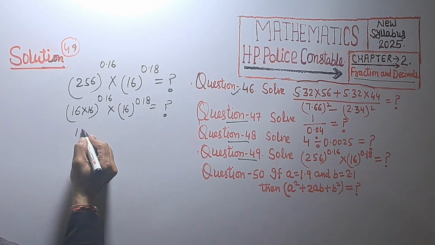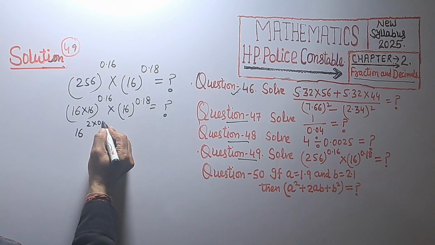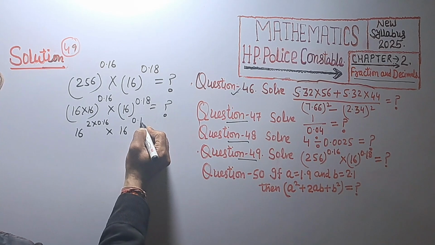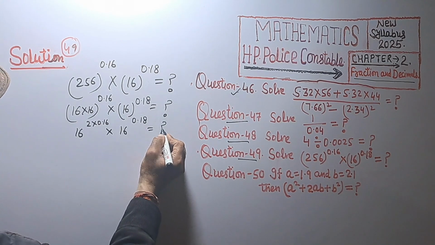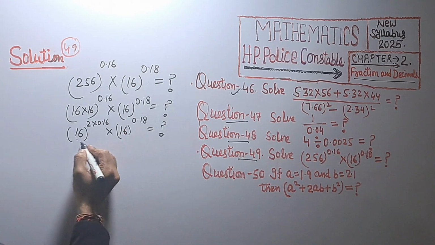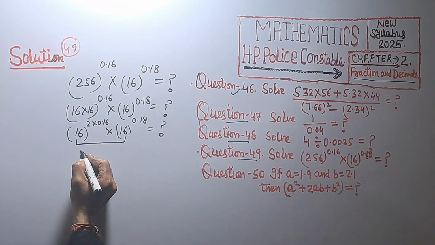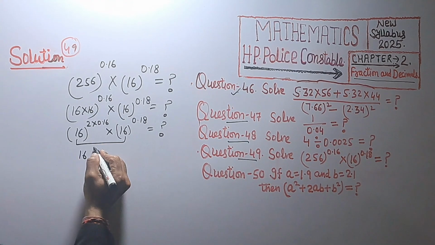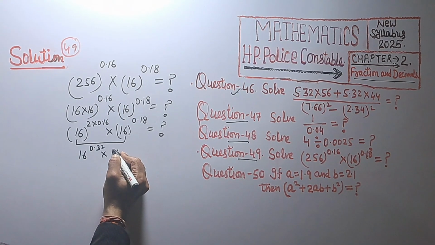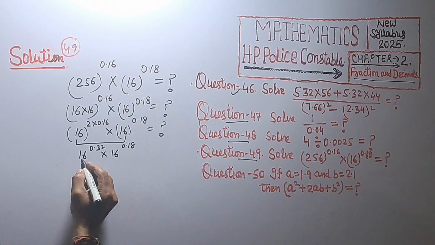That is 16 squared, 16 raised to power 2, into 0.16, into 16 raised to power 0.18. Base is equal, so 16 2s are 32, 16 raised to power 0.32 into 16 raised to power 0.18.